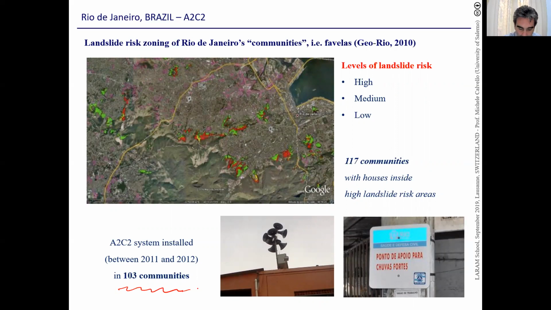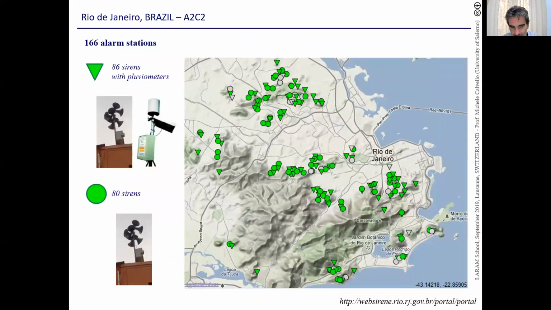The alert system was installed between 2011 and 2012. You have sirens, you have local rain gauges, you have gathering points for when it rains a lot. I can tell you that in some of these communities there are also local pluviometers.